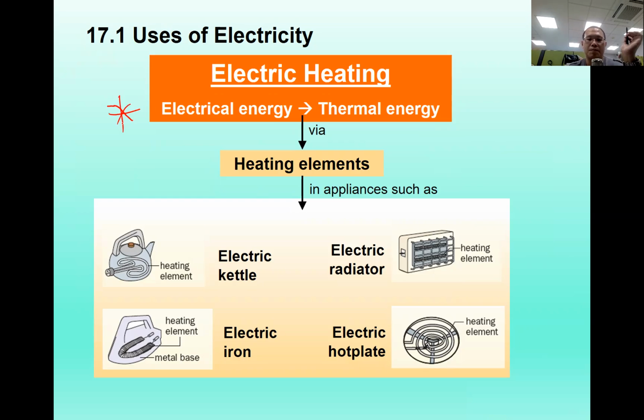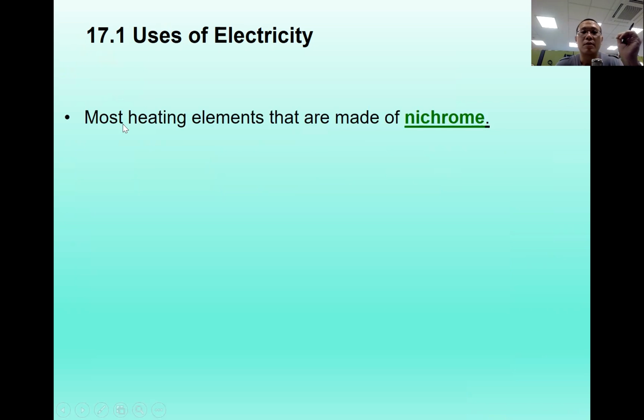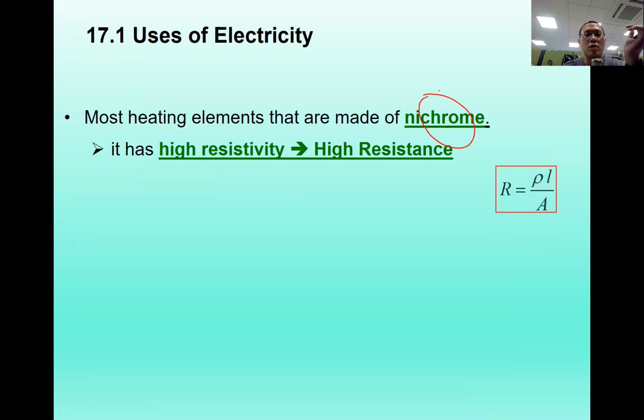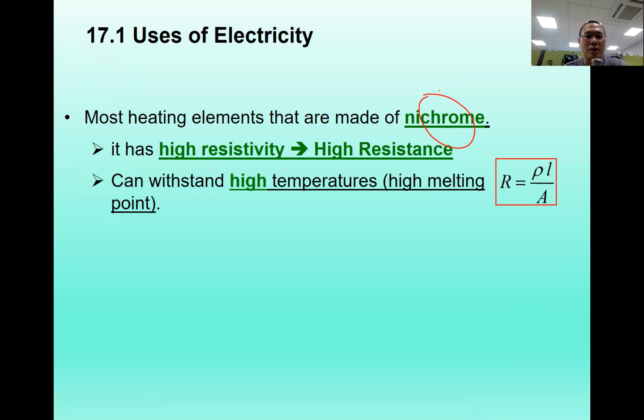Most of the heating elements in the market use a common material, which is what we know as nichrome. One of the main reasons we use nichrome is that it has high resistivity, and because it has high resistivity, the resistance of the material is very high.